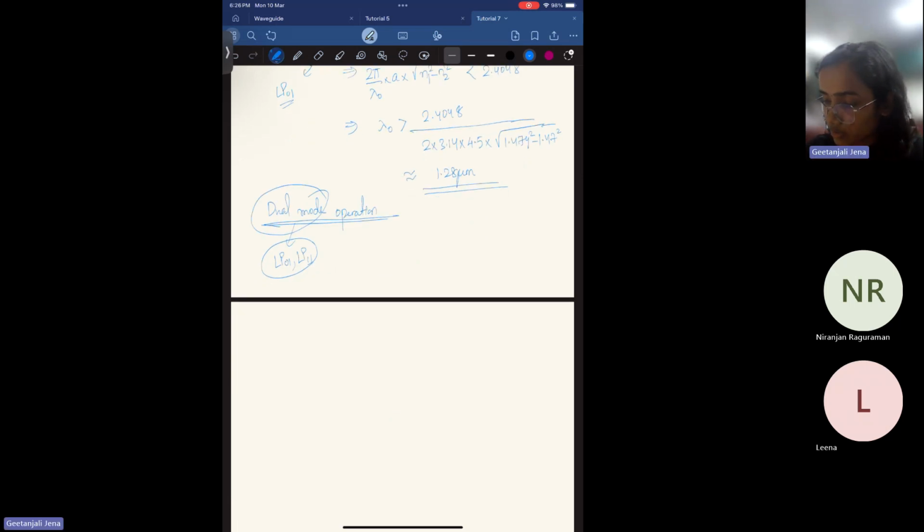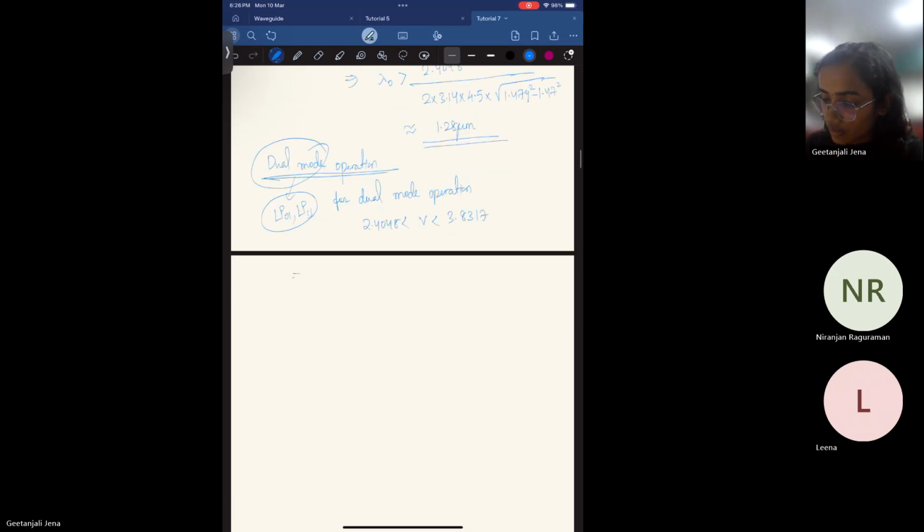So for the dual mode operation, we have the V value 2.4048 to 3.8317. So just use the formula for V, which is 2 pi over lambda 0 A square root n1 square minus n2 square. It should be less than 3.8317.